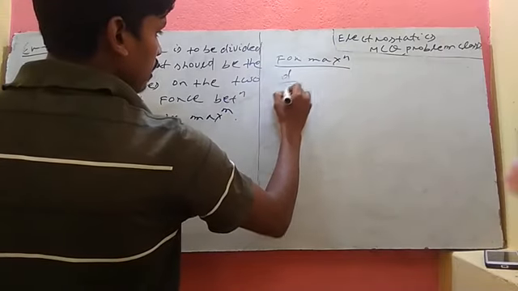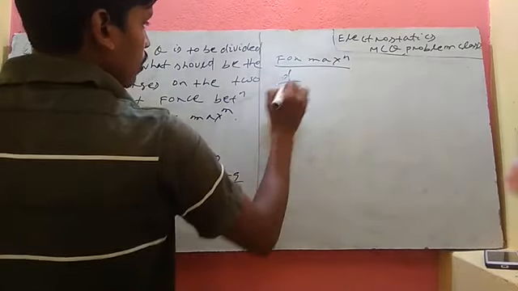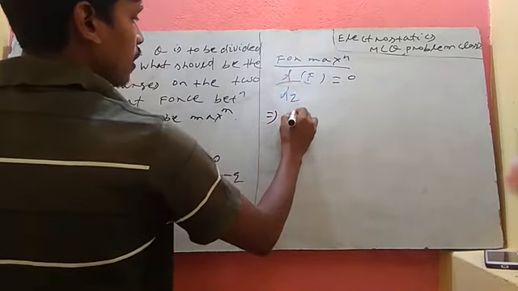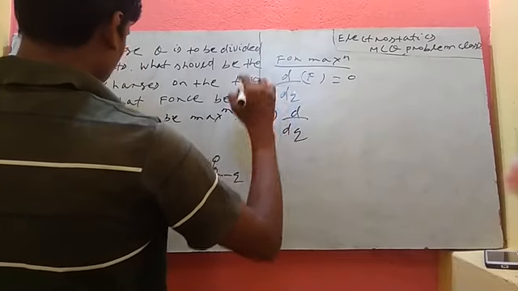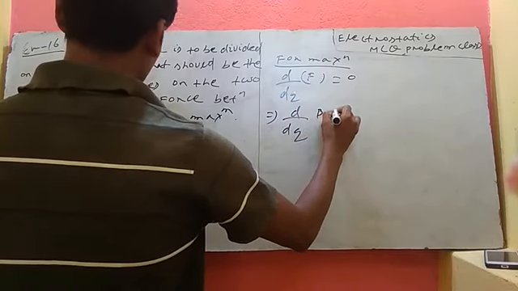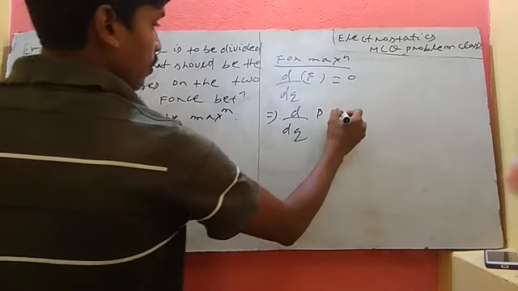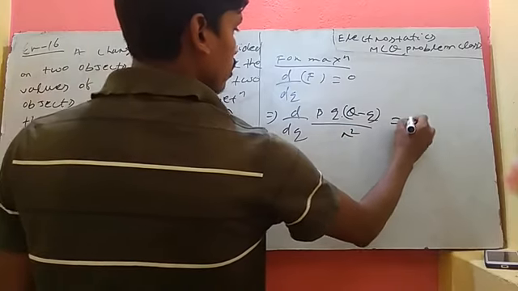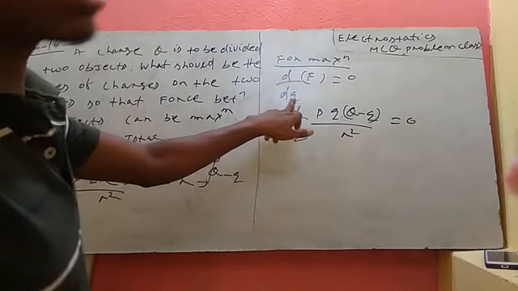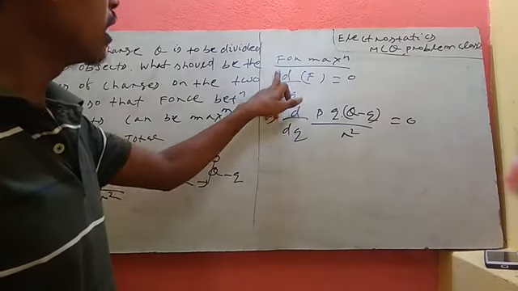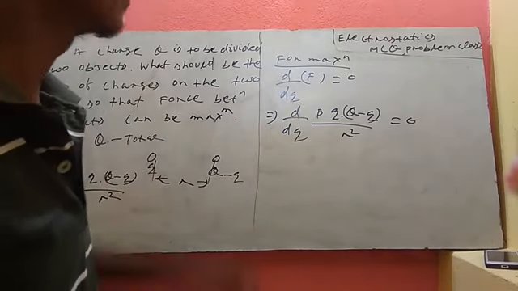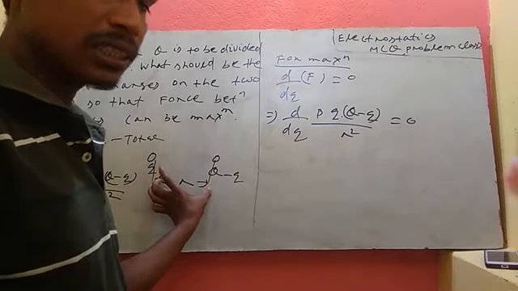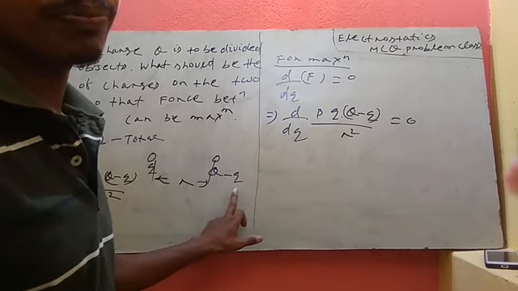So d by dq of F is equal to k q into (Q minus q) by r square, where the variable is q. Because the question may come to our mind, why take d by dq, why not d by dr? Because here r is fixed but q is variable.